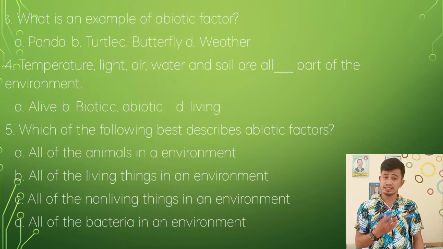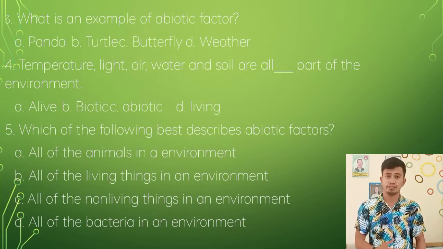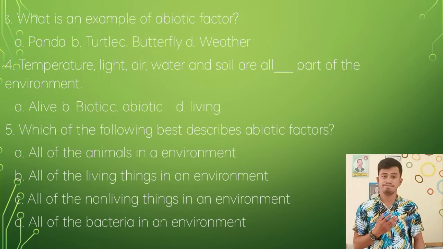What is an example of abiotic factor? A. Panda. B. Turtle. C. Butterfly. D. Weather. The correct answer for number 3 is letter D.